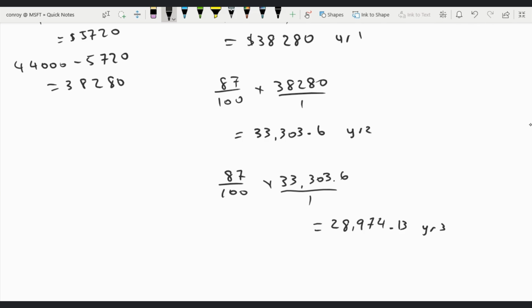It should be 15 over 100 times 38,280 over 1. So it's 15 times 38,280 divided by 100. What we would need to subtract would be 5,742. We have the 38,280 subtracted.